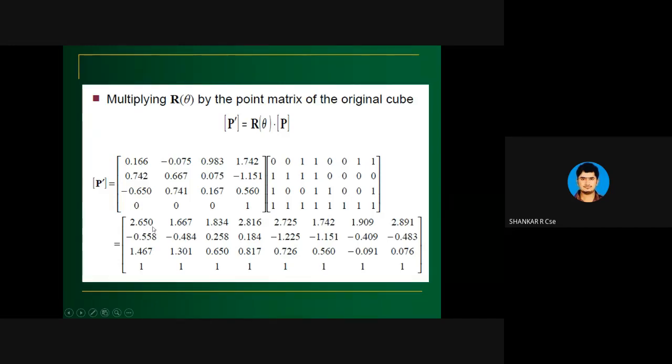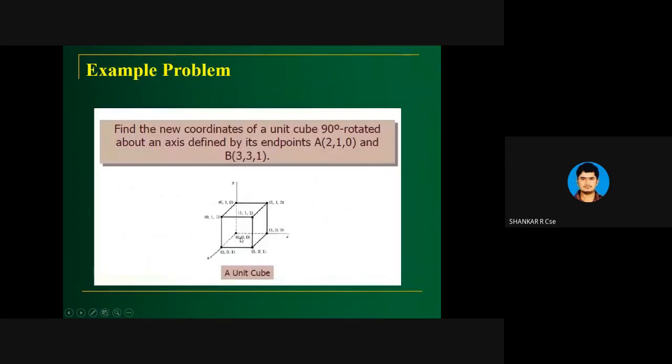2.650. Okay, what is the meaning of this mathematics? Originally, a point is at 0 1 1. Let us take this first column. The point is 0 1 1, which means where is 0 1 1? Yeah, this point.